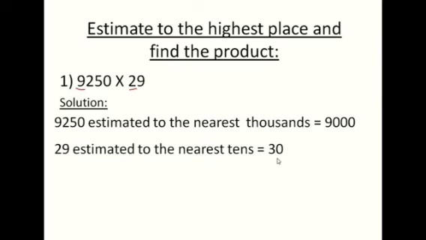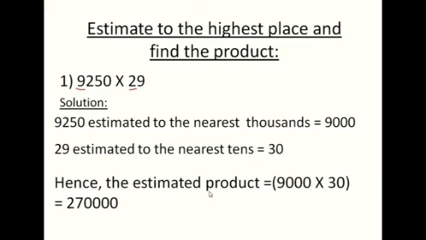Now you will find out the estimated product. So hence the estimated product is 9000 into 30. Yes, 9000 into 30. Now to do this product, it is very easy. Just 9 into 3, how much it is? 27.